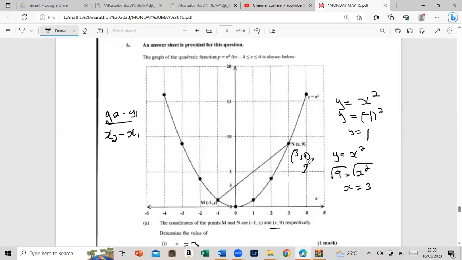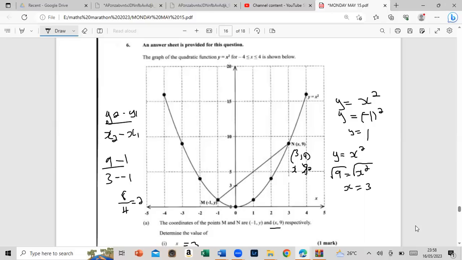So y2 is 9 and x2 is 3, and y1 is 1 and x1 is negative 1. So 9 minus 1 is 8. This is going to add, so we get 4 because both of them are negative. So the gradient is 2.